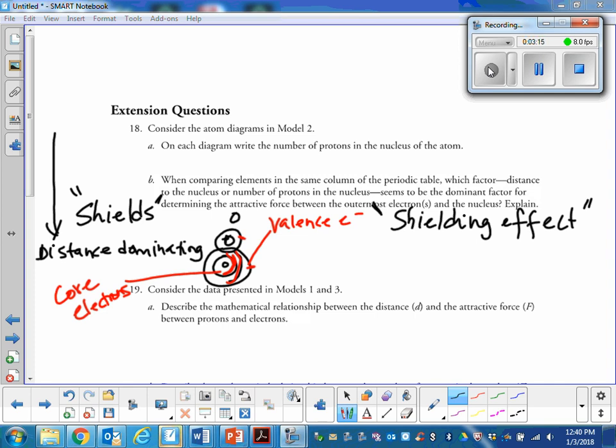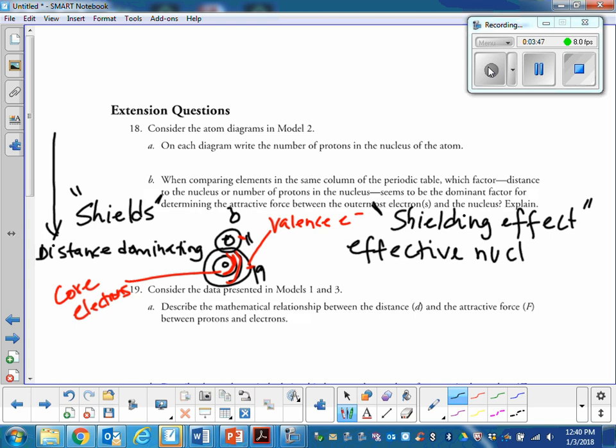So the shielding effect overpowers the increase in the number of protons. Say you are increasing from 3 to 11 to 19 protons. Does the outermost valence electron feel the power of 19 protons? Is it able to feel it? No. What the outermost valence electron feels is the effective nuclear charge.